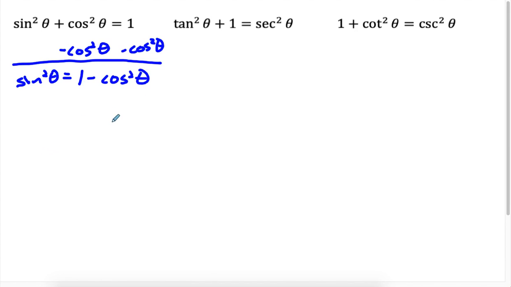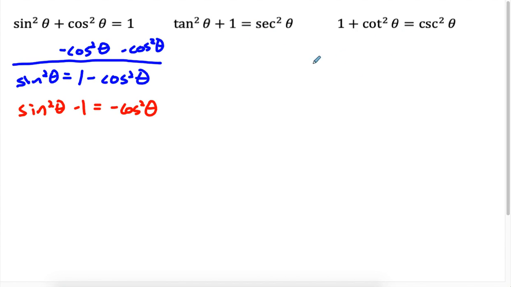I could manipulate this even further. I could then subtract the 1 over and say sine squared of theta minus 1 equals negative cosine squared. So there are lots of ways to manipulate these.